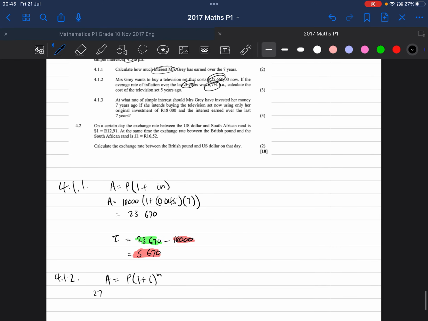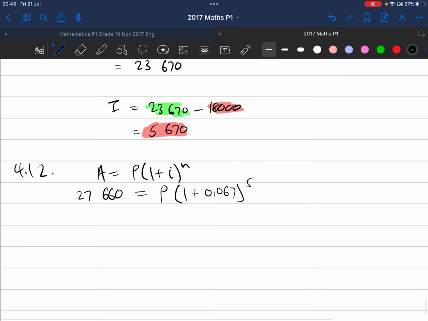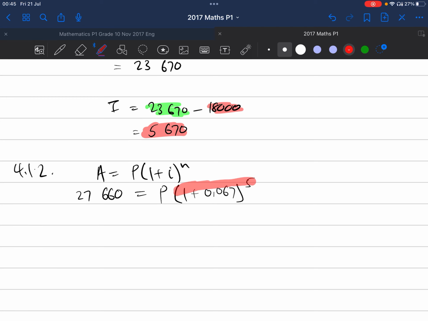So let's put all that information in. It's 27,660 equals P, and remember we're solving for P now, times 1 plus 0.067 to the power of 5. Now you can put this into the calculator, you'll get an answer, and then you take 27,660 and divide by that answer. So 1 plus 0.067 to the power of 5 will give us an answer.